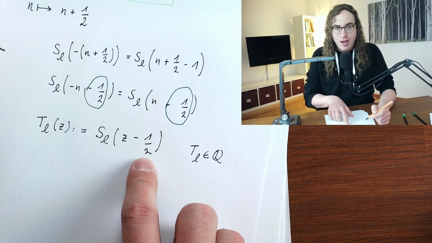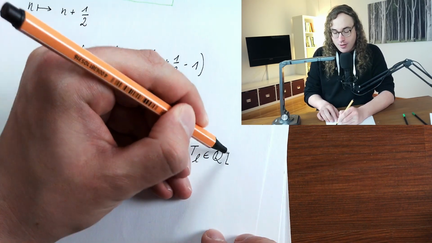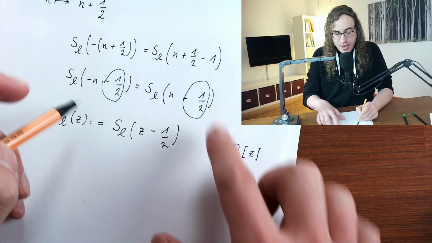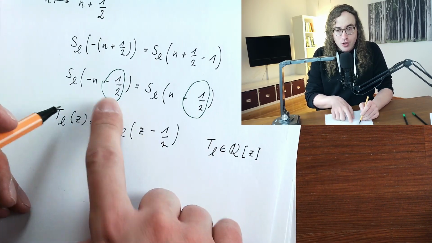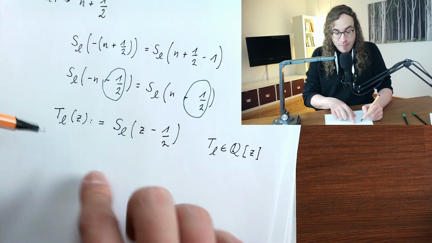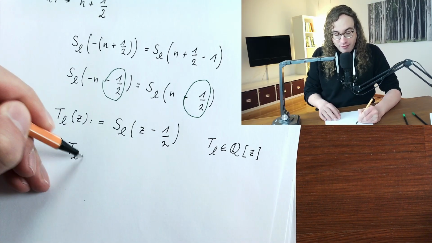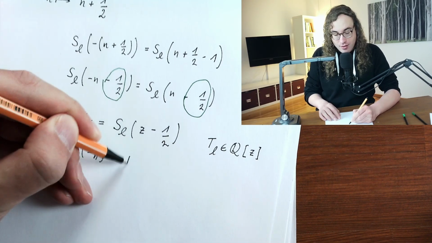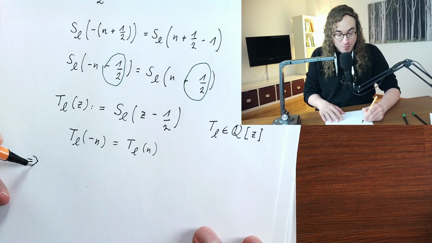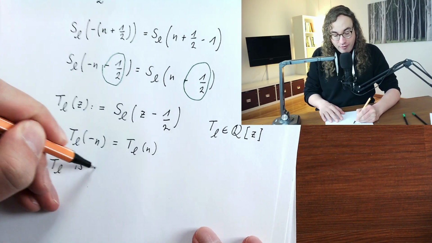Just because 1/2 is also rational, I also know that TL is a polynomial with rational coefficients. And given this definition, and I've just copied this mysterious shift by minus 1/2, I now get the identity that TL satisfies TL of minus n equals TL of n. Okay. So this, of course, just means that TL is an even function.